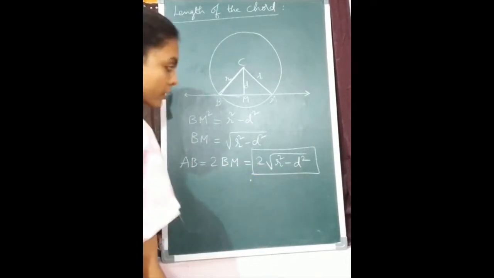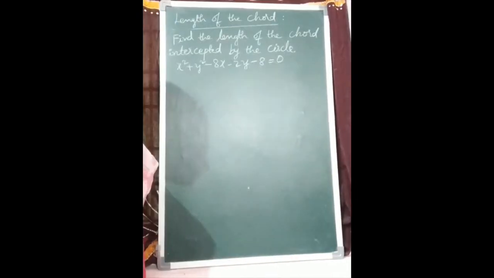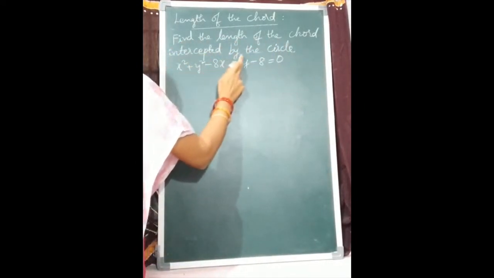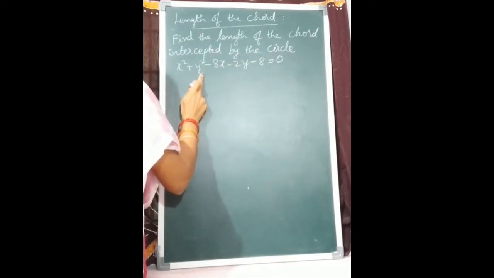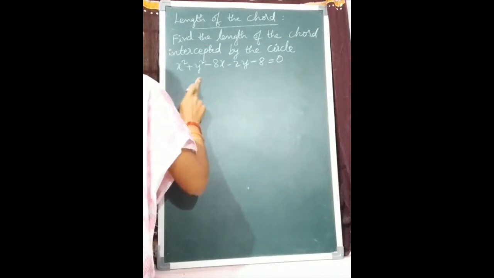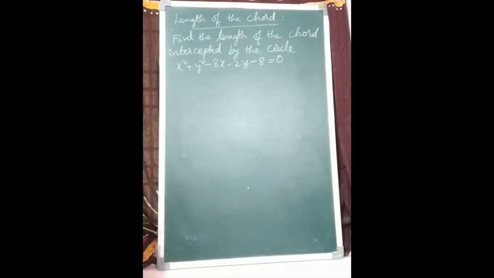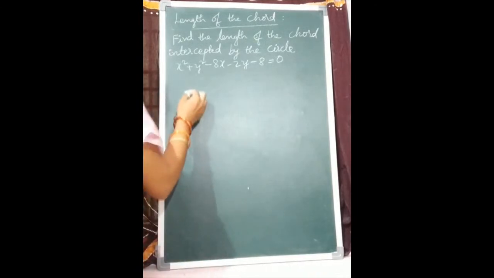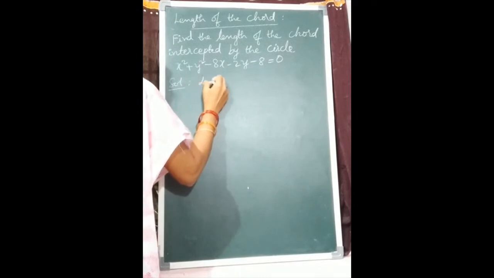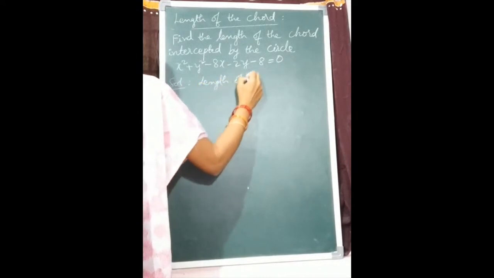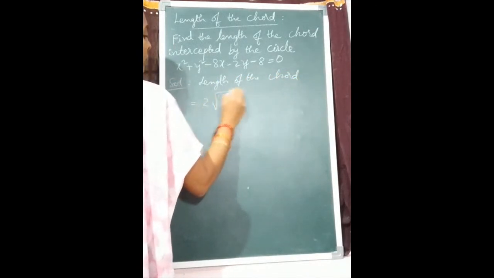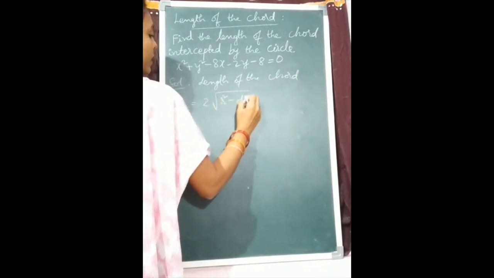Let us take one example. For example, find the length of the chord intercepted by the circle x square plus y square minus 8x minus 2y minus 8 is equal to 0. Solution. Length of the chord formula is 2 into root over R square minus D square.